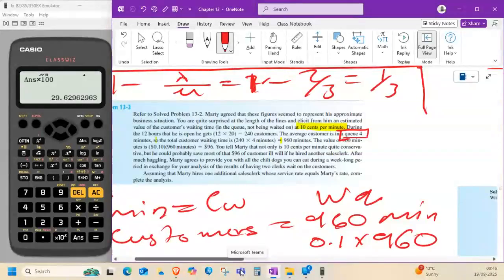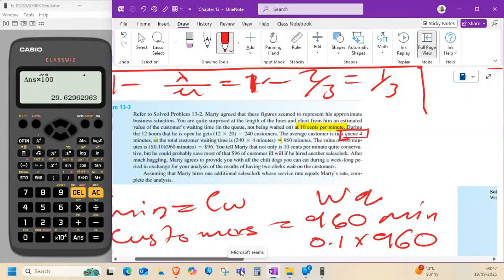You can tell Marty not only is 10 cents per minute quite conservative, but he could probably save most of that customer ill will if he hired another sales clerk.